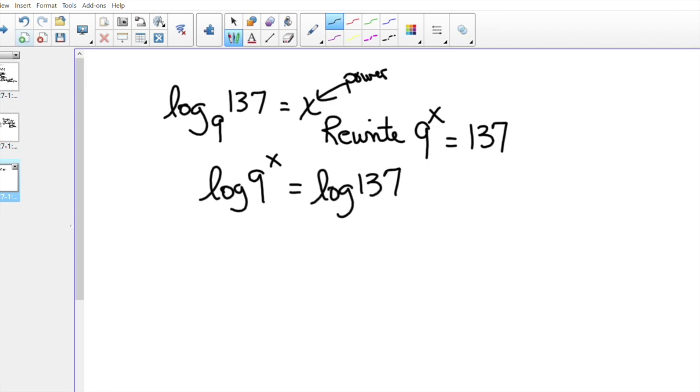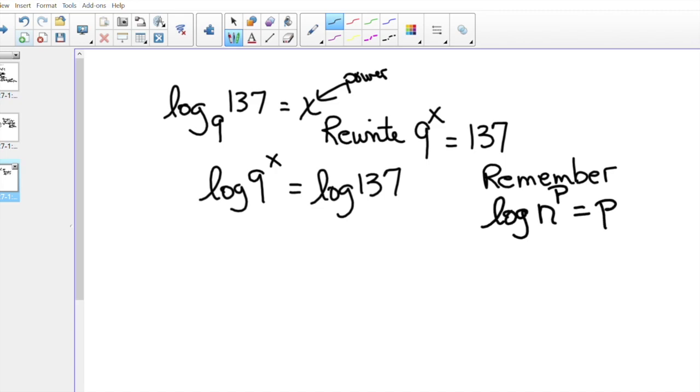But before we can move on, we have to remember again what Mr. Napier told us: if you're taking the log of a number raised to a power, you write the power times the log of the number.